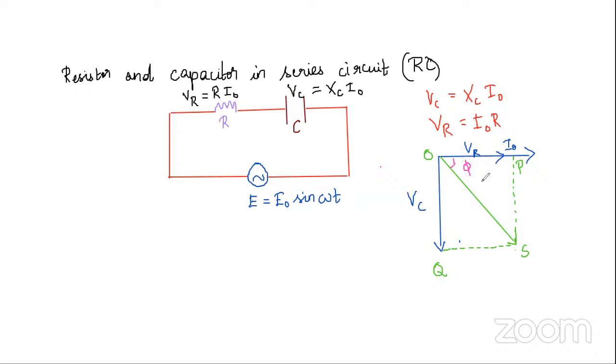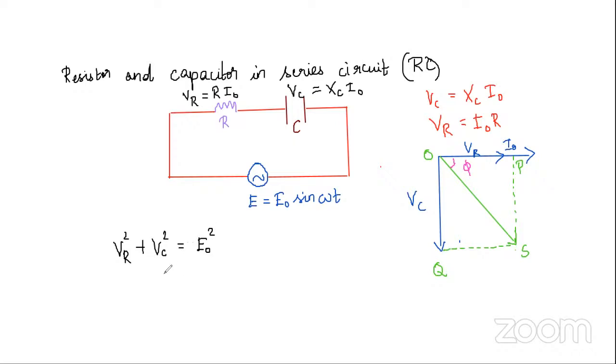Now we have to calculate the resultant OS. How are we going to calculate that? Now I will write those equations. VR squared plus VC squared is equal to E0 squared.